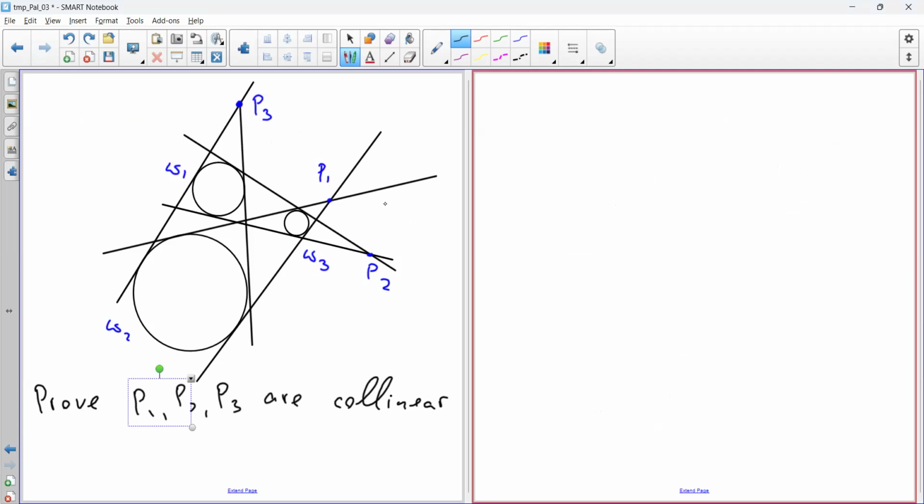So we have here three alike situations, and what we can say is that the homothety with center P1 and corresponding coefficient, say, R2 over R3, would be such a homothety which preserves, like the claim would be the following: it would be such a homothety which sends omega-3 to omega-2. So this would be the claim.